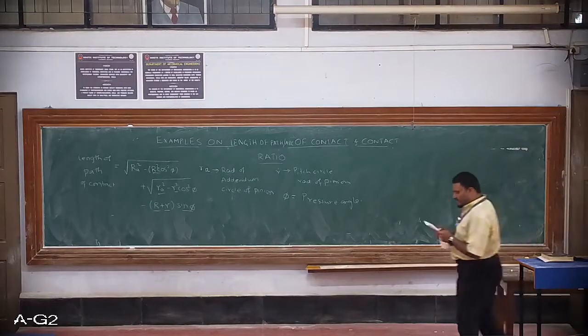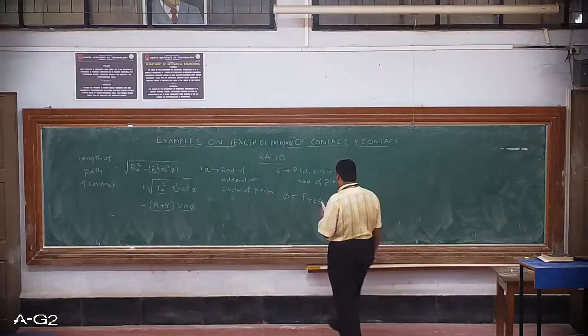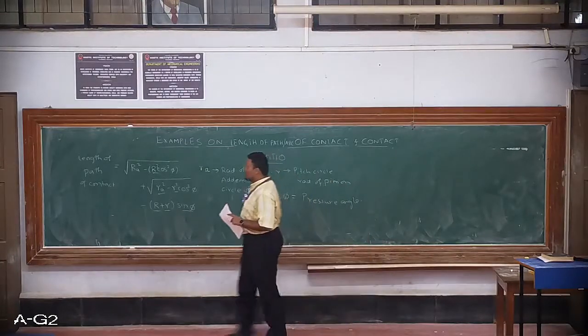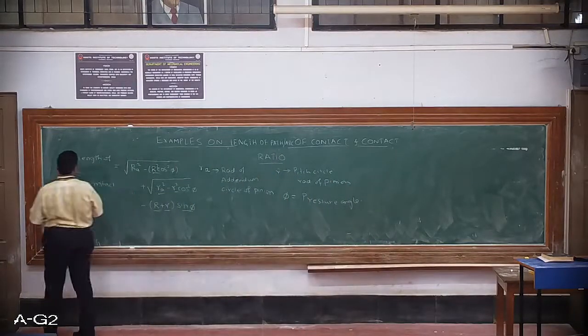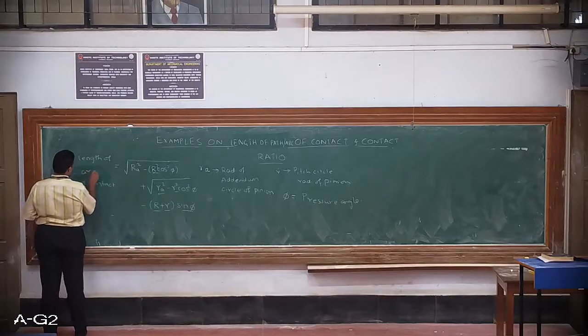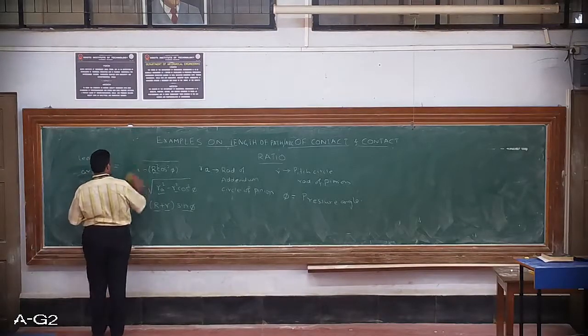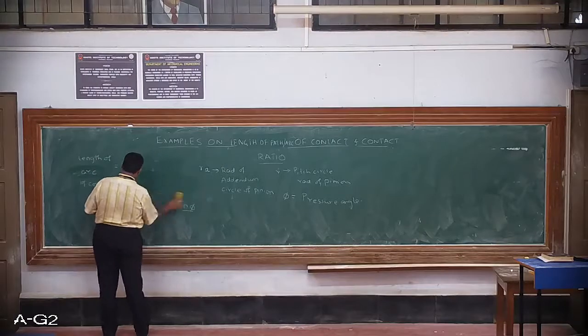Now we shall see the expression for length of arc of contact. So this is path of contact. Now we shall see the equation for length of arc of contact.